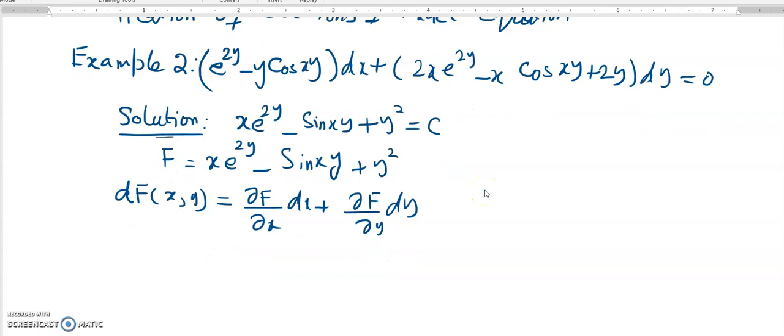So let's see. If you apply this formula, we first have to differentiate with respect to x, and then with respect to y.